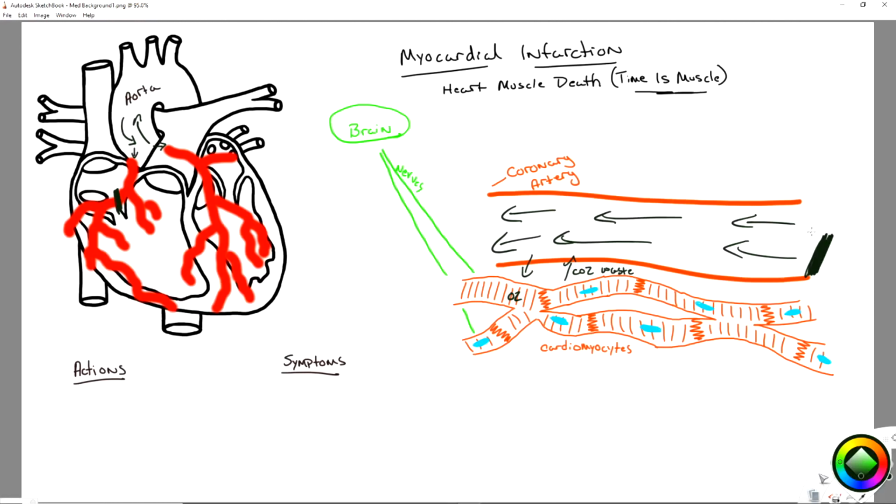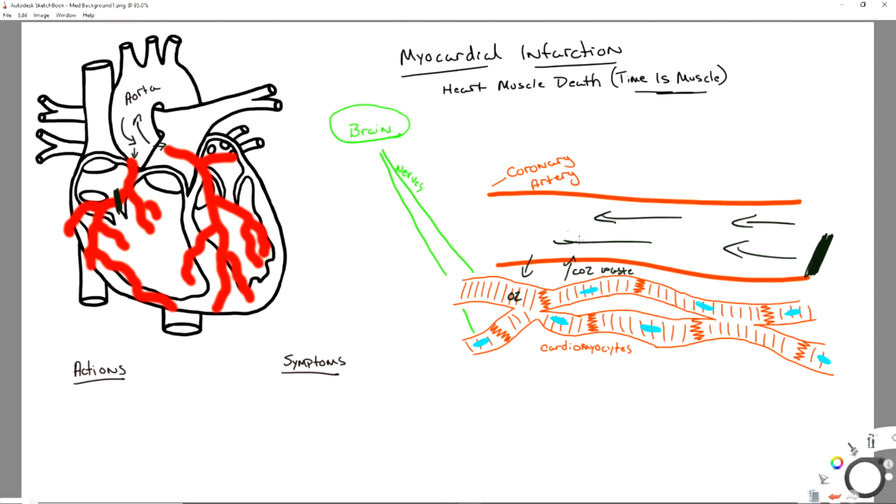Okay, now we pop this clot in here. And what's eventually going to happen is there's going to be decreased blood flow, right? Ultimately, not as much blood is able to get past that clot.